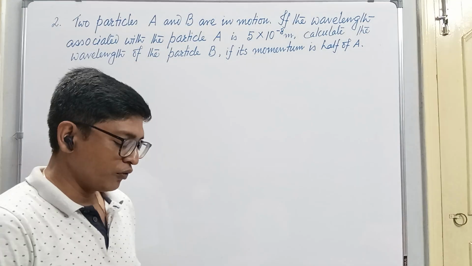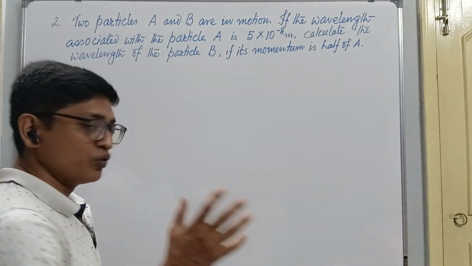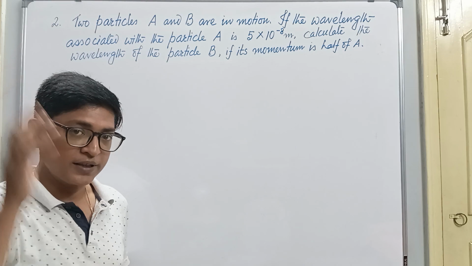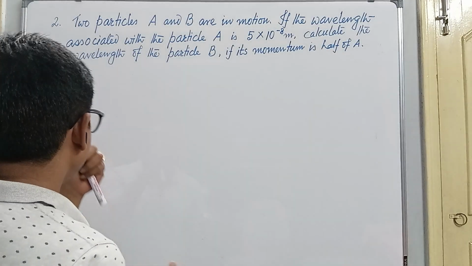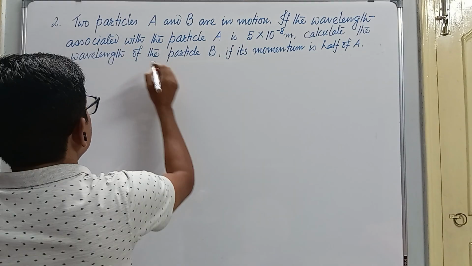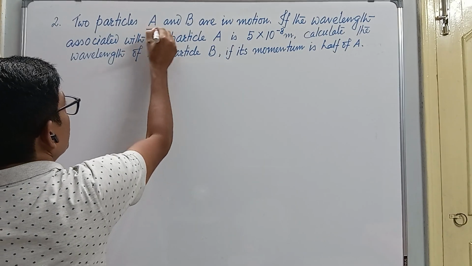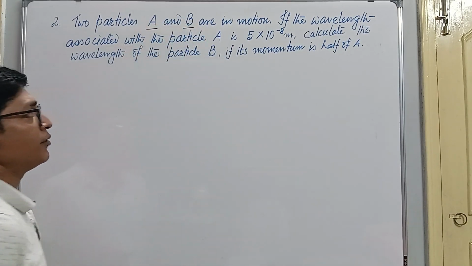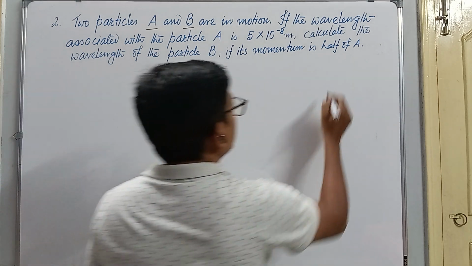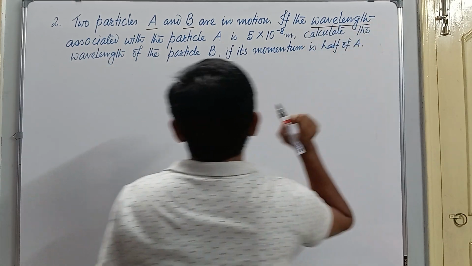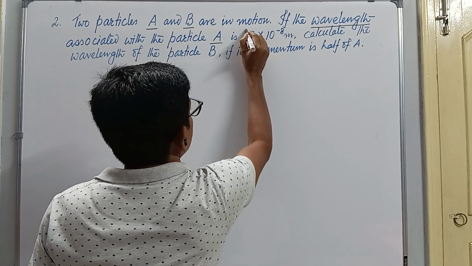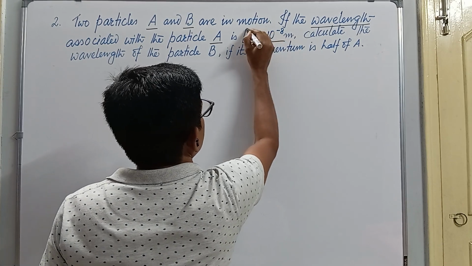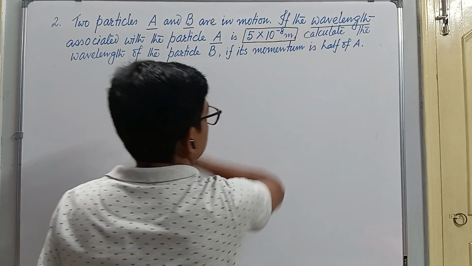Now let's see how we can solve it. As you know, we are solving the numericals based on the de Broglie hypothesis, so you know the idea of that. If I read this numerical problem, we have two particles A and B, both are in motion. Now they have given the wavelength of only one particle, that is particle A, and the value is 5 into 10 to the power minus 8 meter.